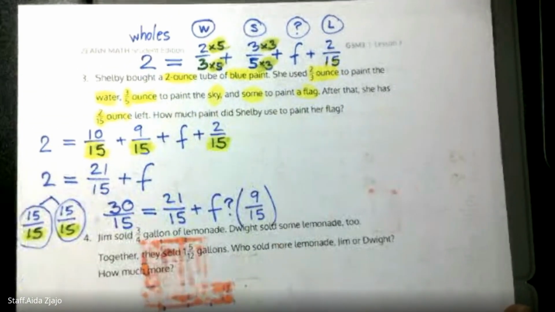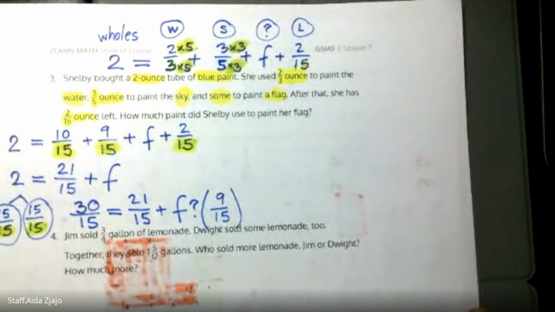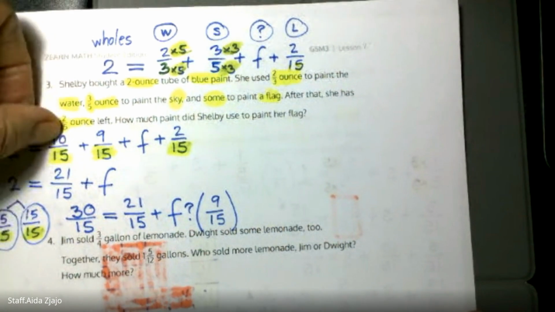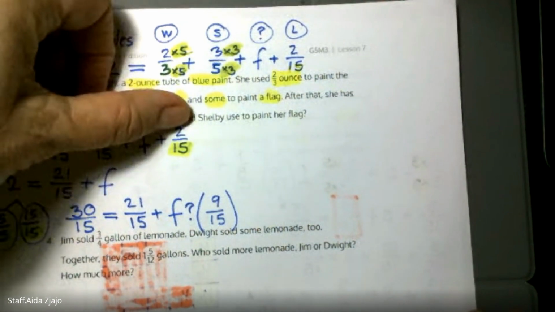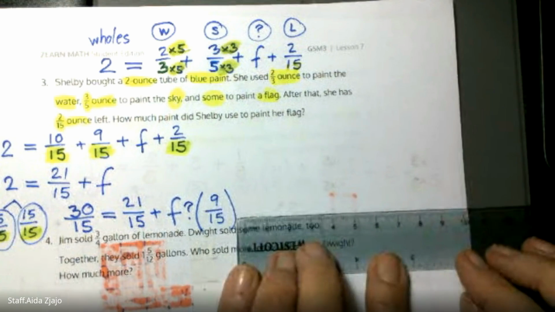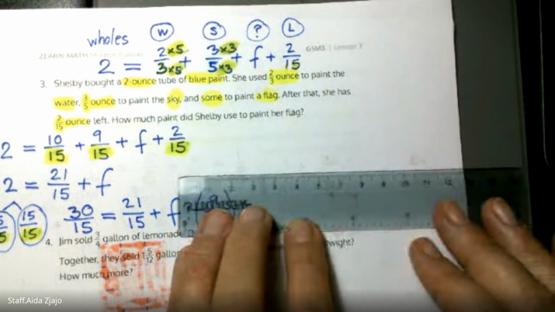If we want to show that in a picture, we should have 2 wholes with the 15 parts. And then if we highlight each part, 10, 9, and 2, we'll see how much is from all 2 ounces. Let's see if I can recreate it.